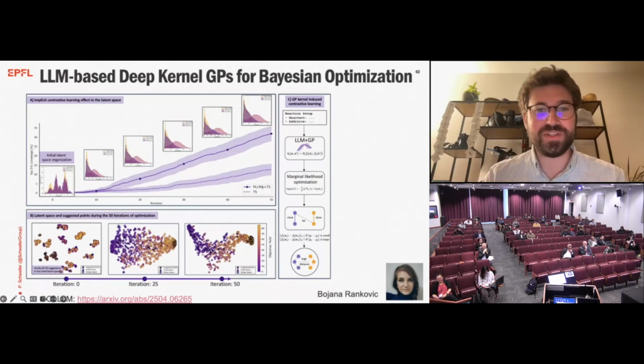Maybe it's more visible here, where you have the initial embedding and how the space is structured, and even after a few iterations, it can find out what the high yielding and low yielding points are.